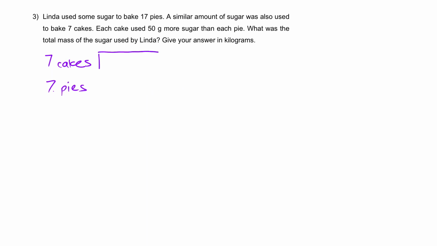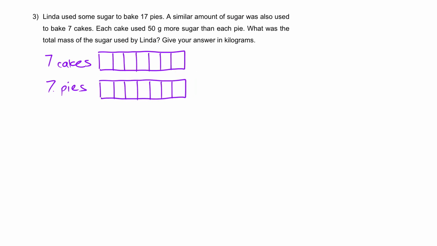For 7 cakes, we would expect 7 units. 1, 2, 3, 4, 5, 6, 7. Same thing, 7 pies. However, what is the difference between the 7 cakes and the 7 pies? Per cake is 50 grams more. So 7 cakes you would expect to see probably something like this.